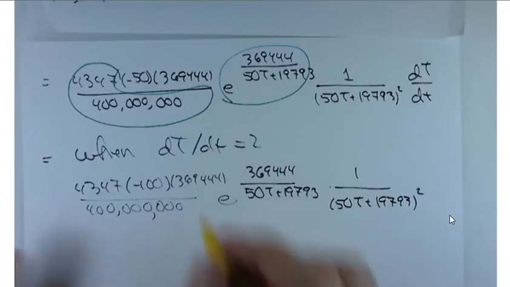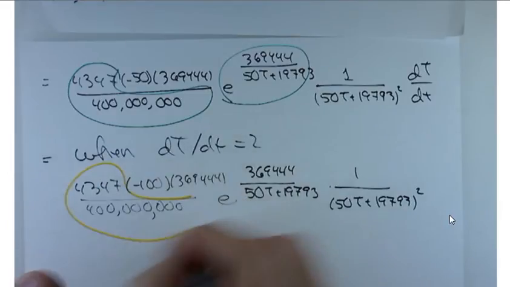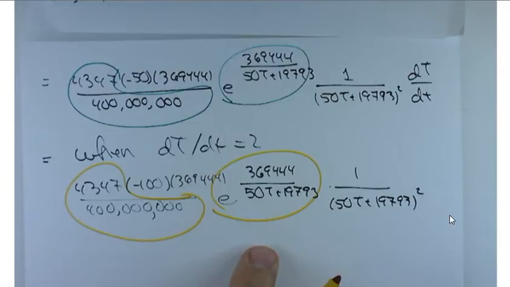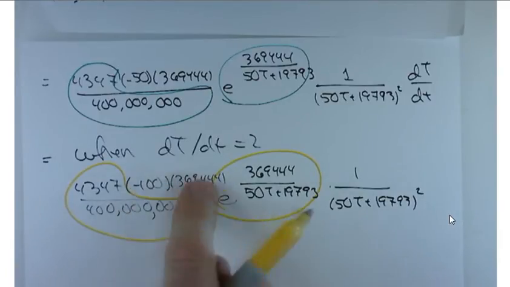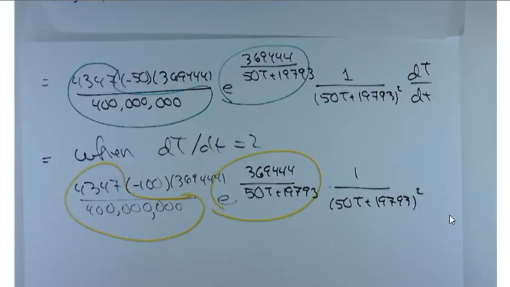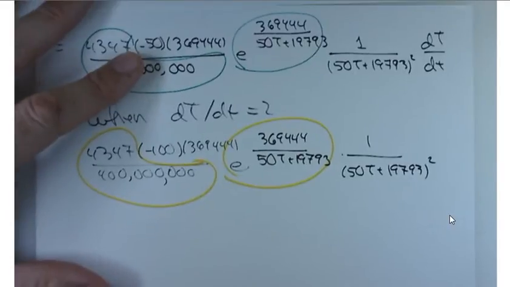So again, I'm going to circle the stuff that we already have in our original function. It's this part and this part. I want to multiply my original function by these extra factors, by this one, and then divide by the square of this one. So there's a shortcut in doing all that, especially given how much of a pain this has been in terms of calculation. It'd be nice to take advantage of some technology.